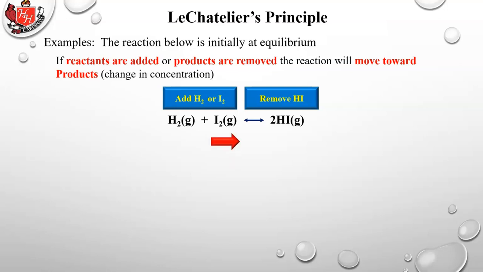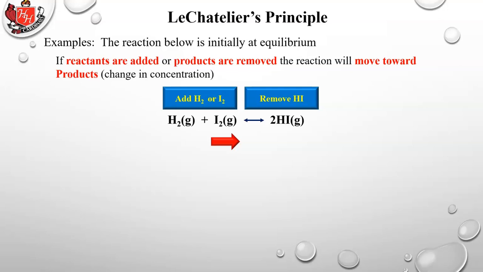Think of the metaphor of a crowded room or a less crowded room. If you suddenly increase the concentrations of H2 or I2, the left side of the arrows becomes more crowded. So people in a crowded room are going to want to move over to the less crowded room. So the reaction moves to the right.